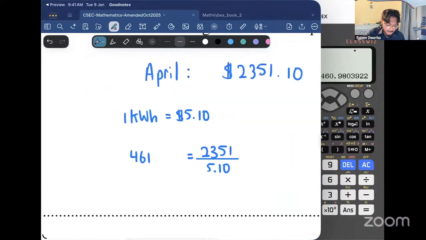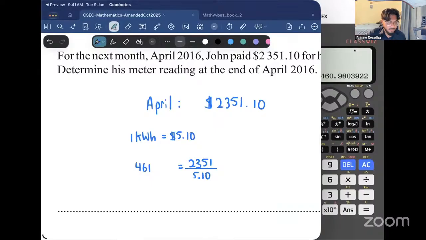And so for that month, how much energy did he consume? 2,351. Nah, that is how much money he paid. The 461. Yeah, 461.